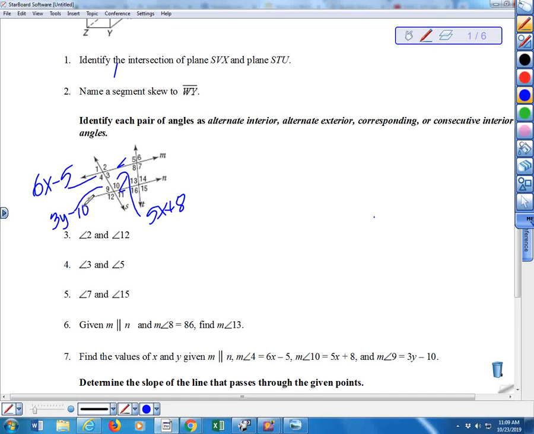So what can I do there? I'm given 4, 10, and 9. What do we know about 4 and 10? They're equal because M and N are parallel. So I could just set 6x minus 5 equals 5x plus 8 and solve. Subtract 5x, I get x. Add 5, I get 13. So x is 13. So what does that make angle 10's value if x is 13?